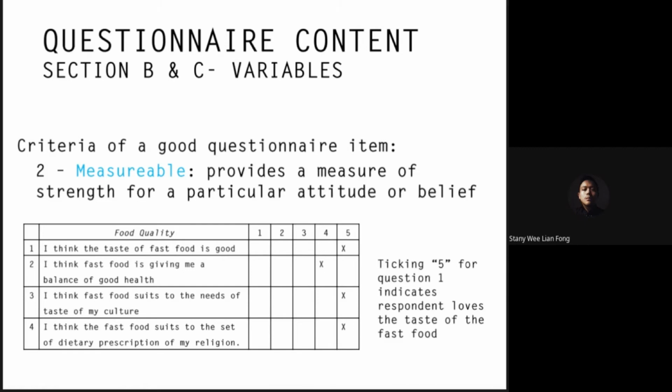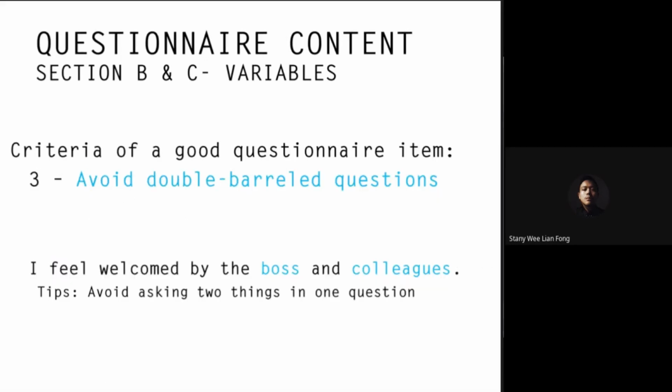For question number 1, if a respondent ticks 5, this 5 indicates that that particular respondent loves the taste of the fast food. So this shows that this question is measurable because it provides a measurement of the strength towards the food quality that you intend to study. So number 2, please make sure that the item is measurable.